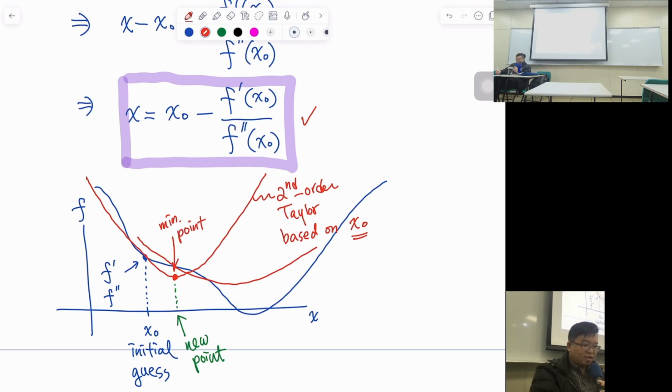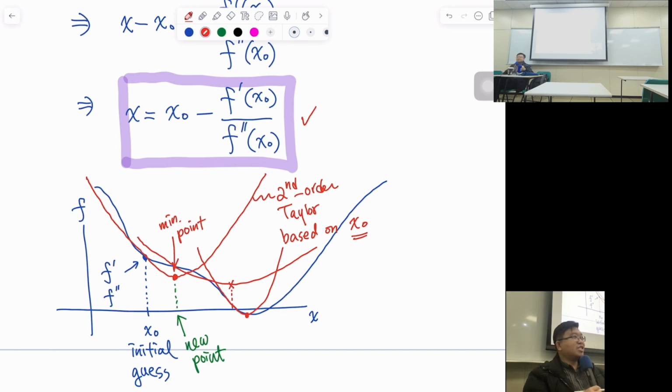And then you hope at the end you will get a newer minimum point based on the second round of your approximation. So do that again, you may have another approximation. It may look like this. So by my drawing, it looks like you are getting closer and closer.